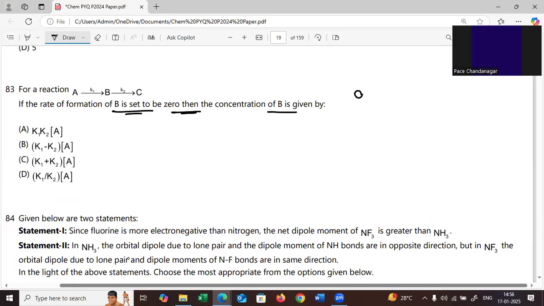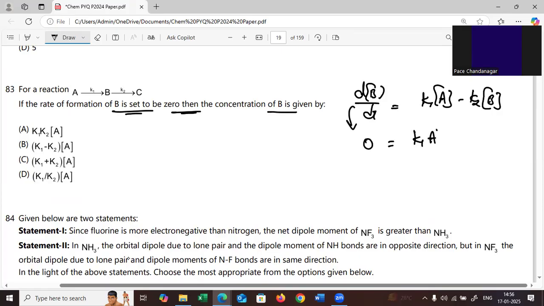So rate of formation of B, dB/dt, is equal to K1 times A minus K2 times the B concentration, right? So when I do this, 0 is given to you as the rate of formation. So 0 is equal to K1 times concentration of A minus K2 times concentration of B.